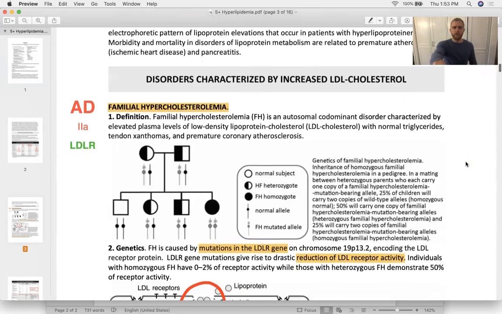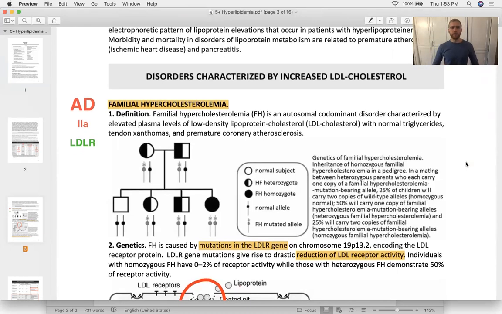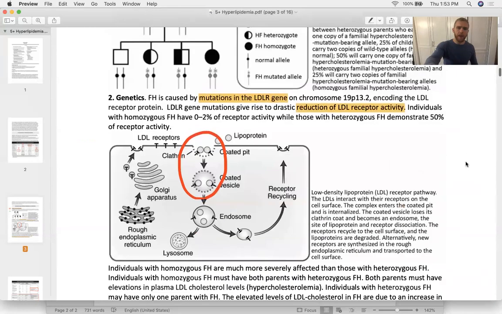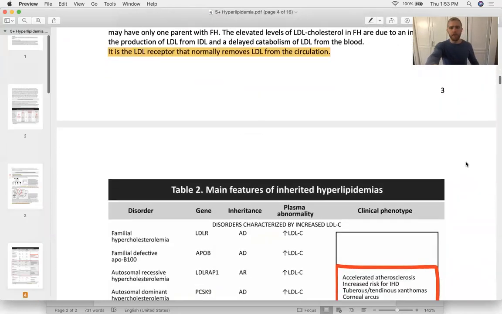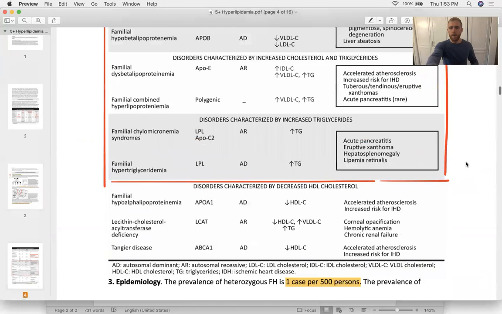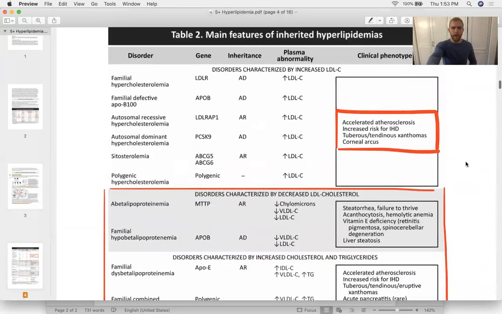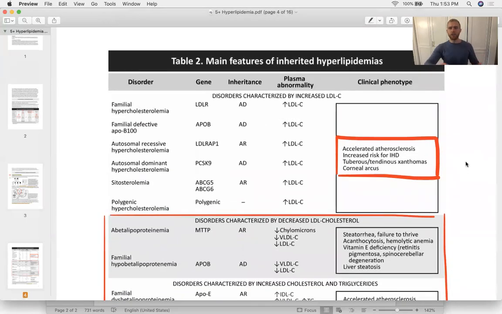This text starts off with the type 2 Fredricksons, which are going to be the increased LDL cholesterol disorders. Before we get into familial hypercholesterolemia, there is a separate table on page 4. And this is kind of the diagnostic chart. It's going to tell the clinical phenotypes of the different Fredrickson classifications.